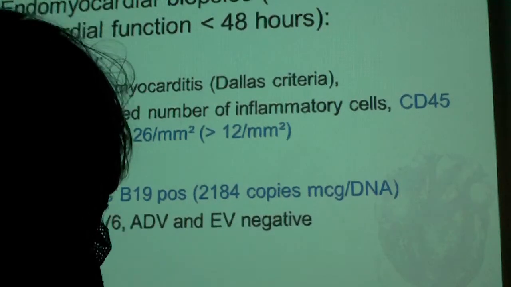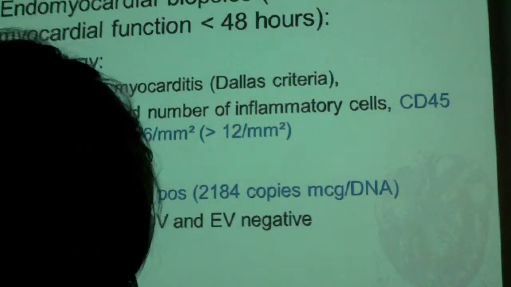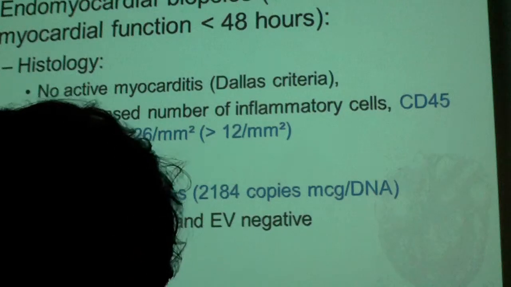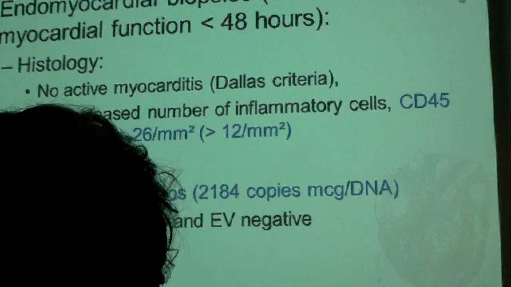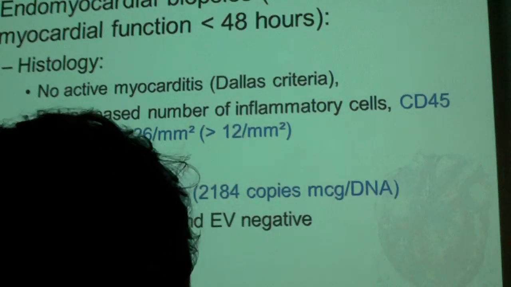That's why we take biopsies, because we know that with a classic myocarditis or pericarditis not all patients deteriorate. We wait 48 hours to see how this patient goes. In this case, she deteriorated. That's why we took some biopsies.